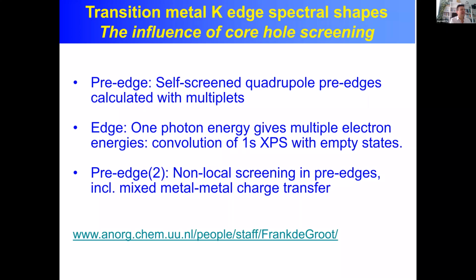Initially I thought it might disappear, but now I don't think that's true. I've seen recent data from Peter Glatzel, and it's not disappearing, but the intensity of the real pre-edge becomes larger, and then the non-local peak becomes more difficult to see. But it would be very interesting to do, ideally, HERFD experiments with high resolution on complexes with 2 metals or 3 metals.